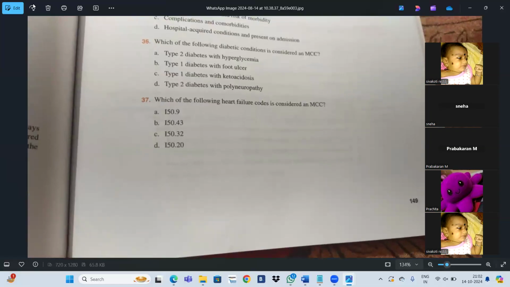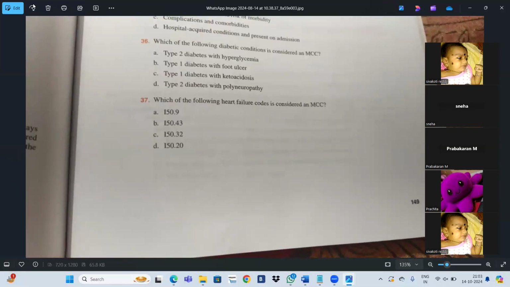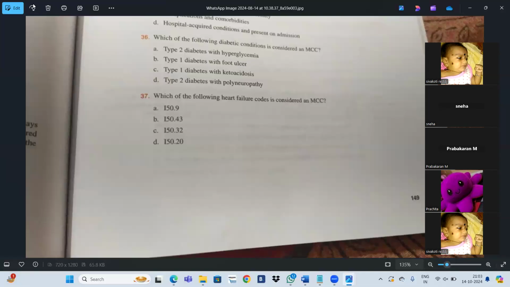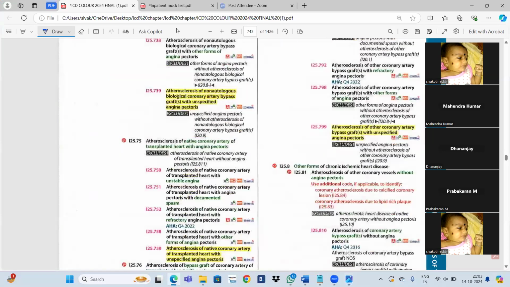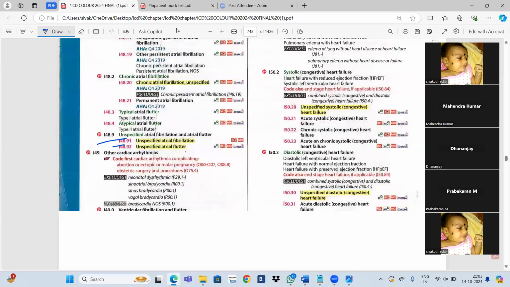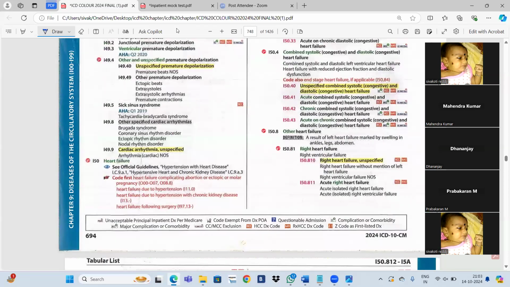So now you can tell me the answer for questions 36 and 37. Here they are giving ICD codes and asking which one is the MCC.